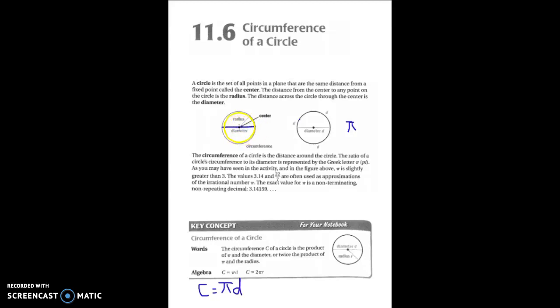Which means it's twice the length of a radius, right? Because this is a radius right here, and this is a radius right there. So therefore, the circumference of a circle can also be written as circumference equals 2 pi r.